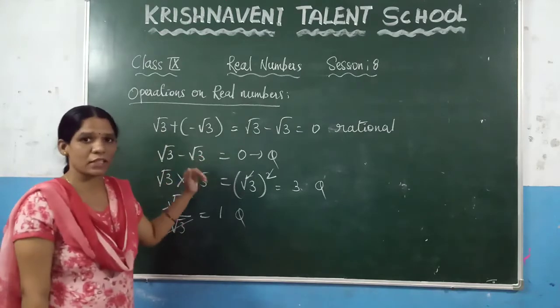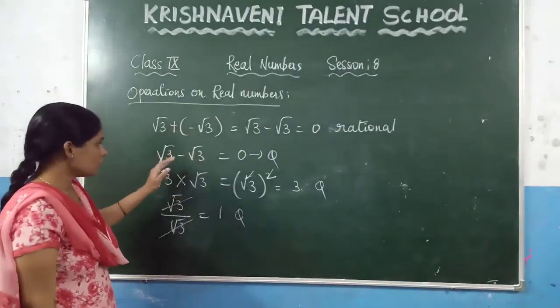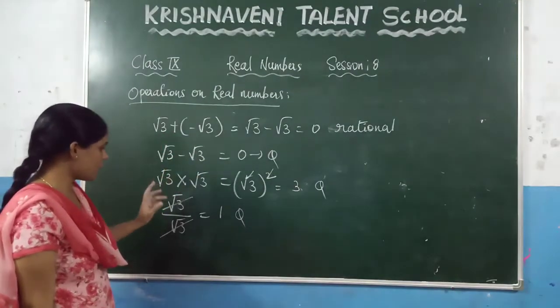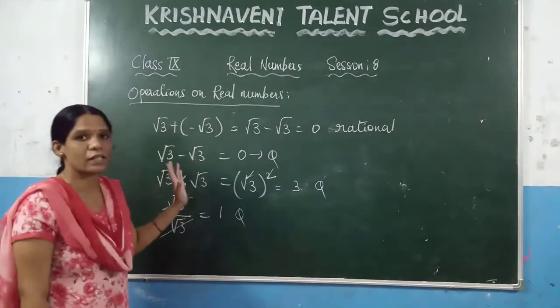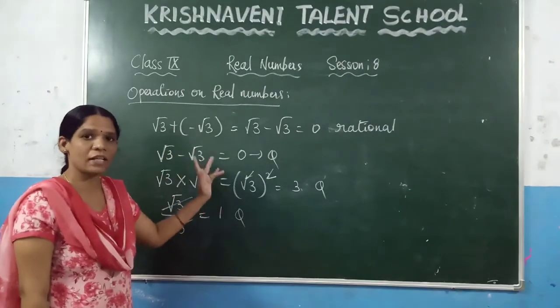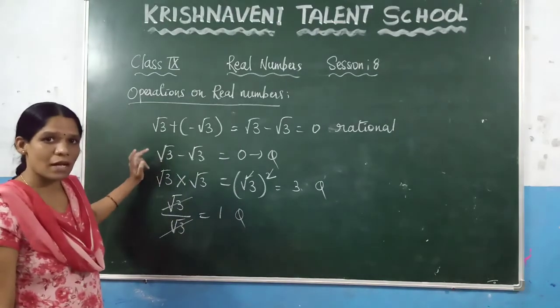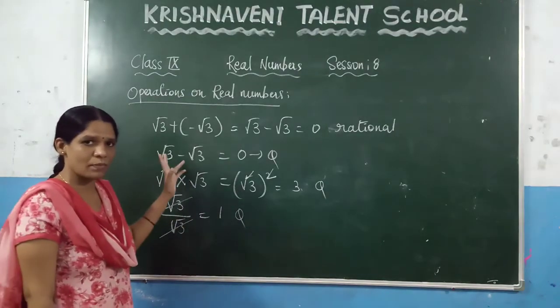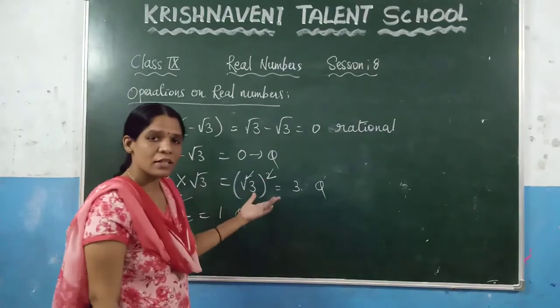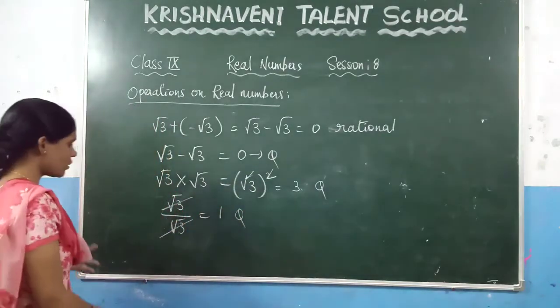From this, what we can conclude here: the sum, subtraction, multiplication and division of two irrational numbers need not be an irrational number. That means if you add, subtract, multiply, divide two irrational numbers, the result need not be an irrational number. This is the conclusion.